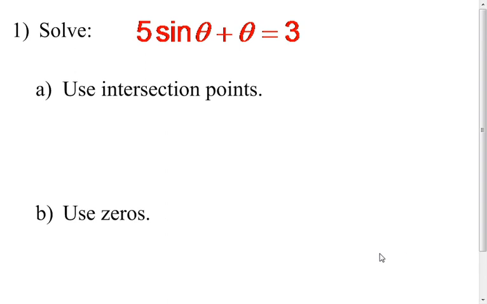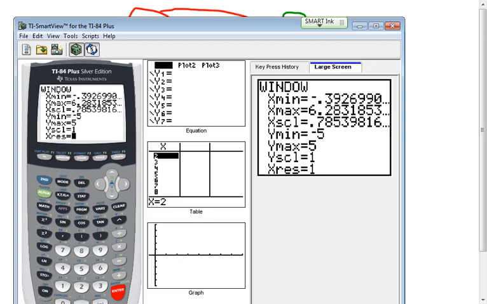When you use the intersection points, you're going to take the left half of the equation, the 5 sine theta plus theta, and you're going to put that into your y1, okay? And then you're going to put the right part into y2. So 5 sine theta plus theta goes into y1, and then 3 goes into y2.